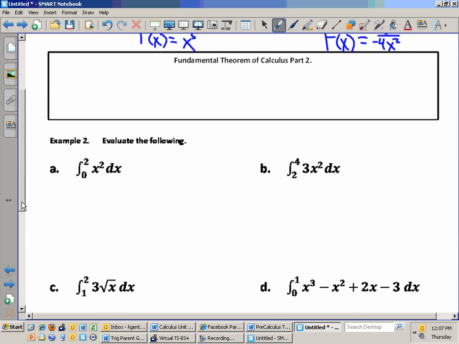That brings us to Fundamental Theorem of Calculus Part 2. And here it is.